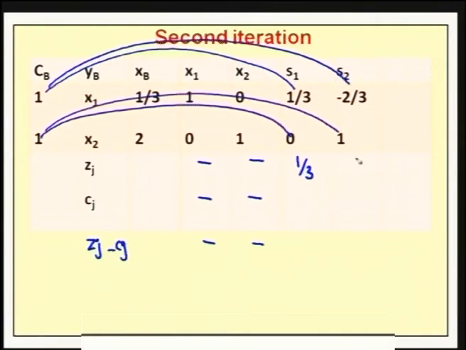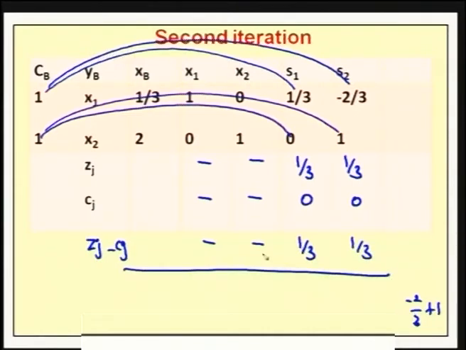So, minus 2 by 3 plus 1, so we have plus 1 by 3. Now, the cost for the slack variable S1 is 0 and the cost for the slack variable S2 is 0. Therefore, we have Zj minus Cj as 1 by 3 and 1 by 3. Now, if we observe here, all Zj minus Cj values are greater than or equal to 0.